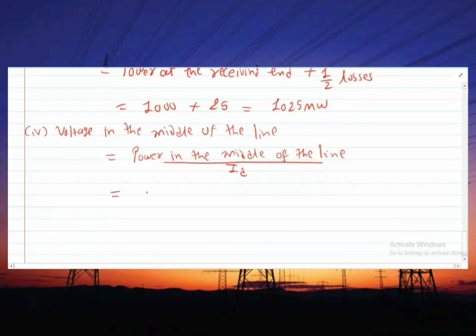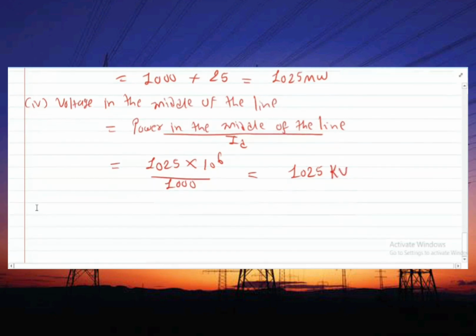What is the power in the middle of the line? It is 1025 megawatt, so 1025 multiplied by 10 to the 6. What is the value of DC current? It is 1000 ampere. So you will get the voltage in the middle of the line, which is 1025 kV. Again, this is a bipolar link, so the voltage in the middle of the line, VDM, is equal to plus or minus 512.5 kV.